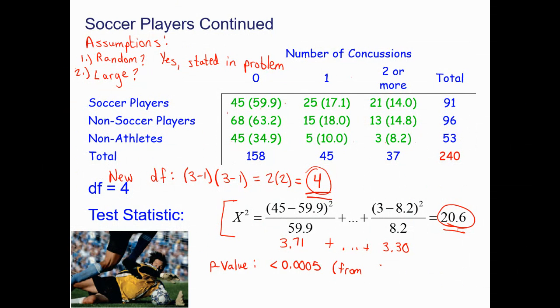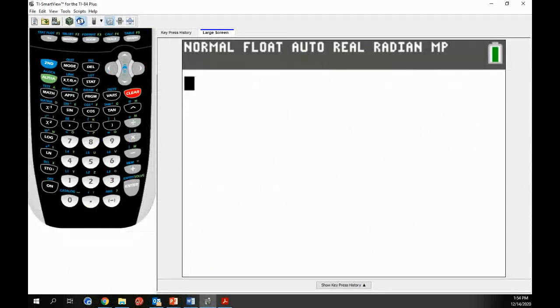But we can use our calculator. If we use the calculator, and I'll come back to this screen in case you haven't gotten it written down. If we use the TI-84, that's what I'm going to demonstrate it on.